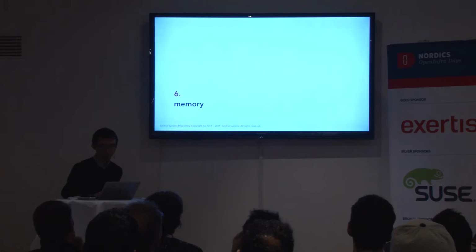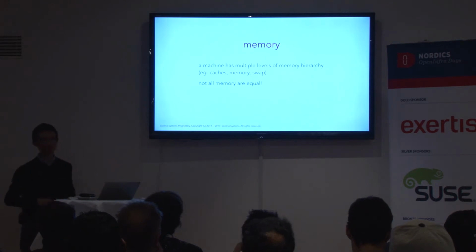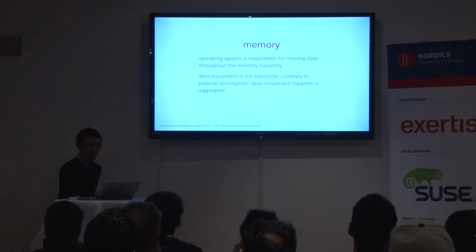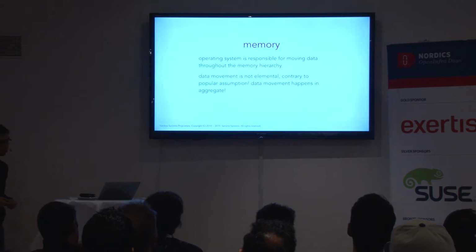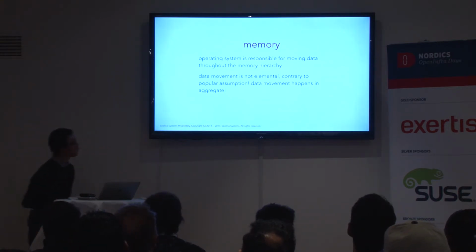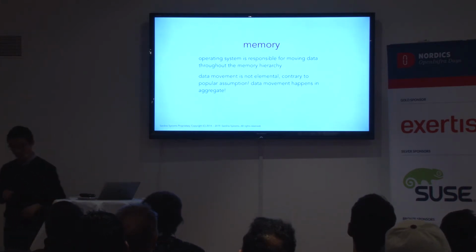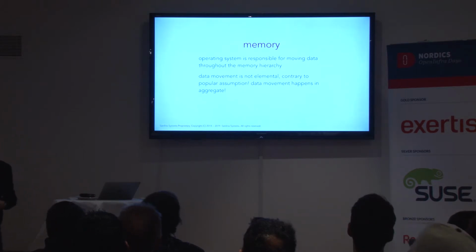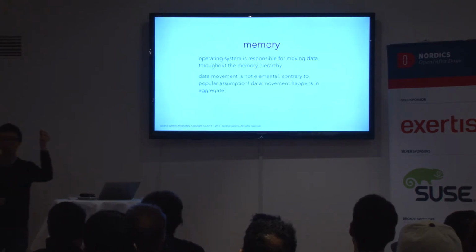So now, memory. What do we do about memory? You've got multiple levels of memory, and not all levels of memory are equal. And the OS will try to shuffle the data back and forth between the various parts of the memory hierarchy. Also, many people, when they write an algorithm, assume that data fetch is elemental.